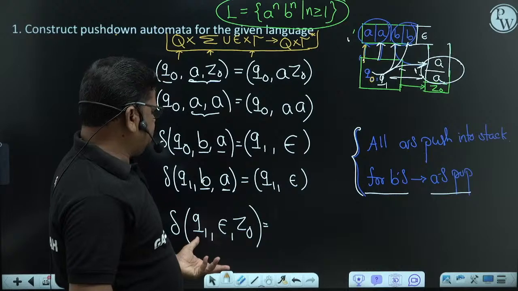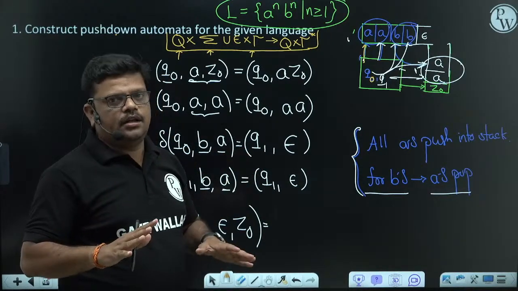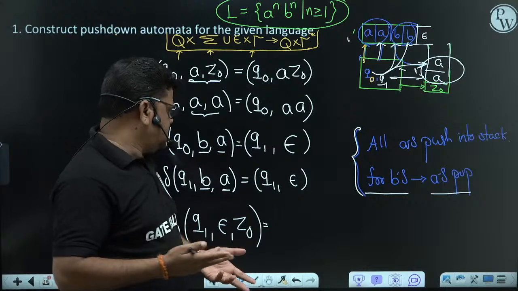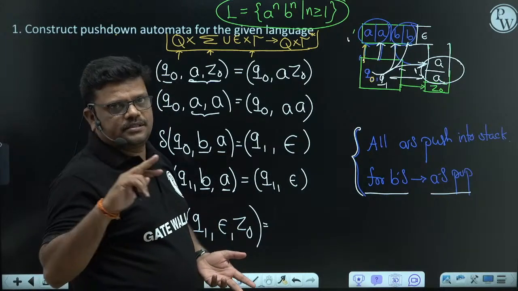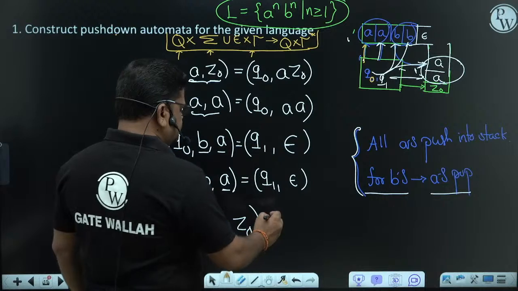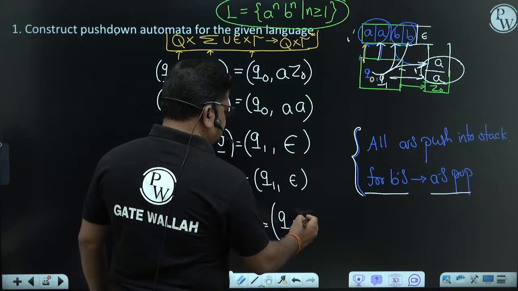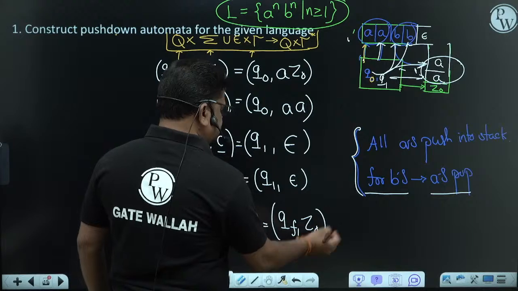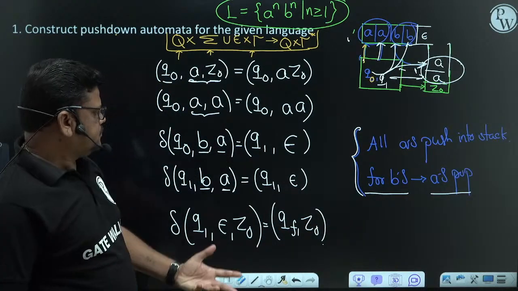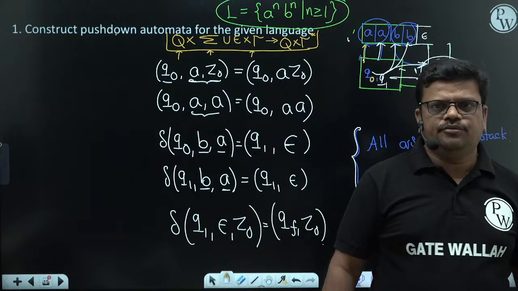This is the situation where we have to say that the number of A's and B's are equal. We have to accept. If you want to accept, there are two methods: final state and empty stack. If it is final state, immediately go to final. Acceptance by final state method. We can do it for empty stack also.